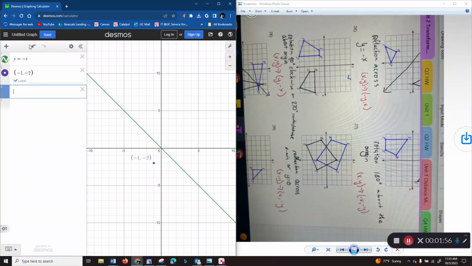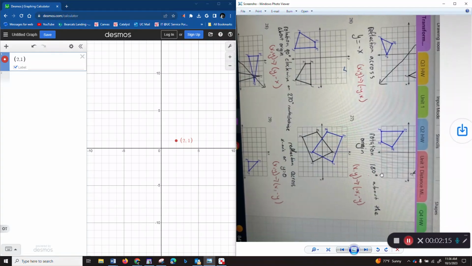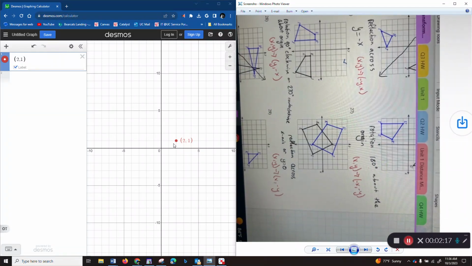So what happens in the second case? It rotates 180 degrees about the origin. Remember, if you turn 180 degrees, you're the complete opposite, right?